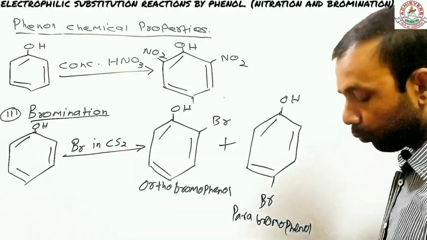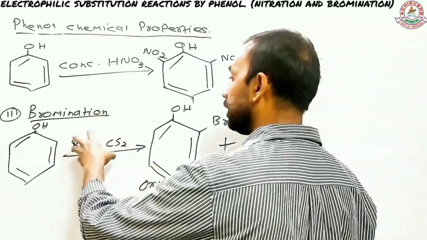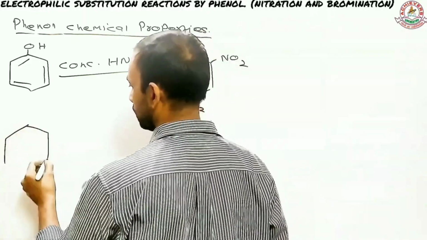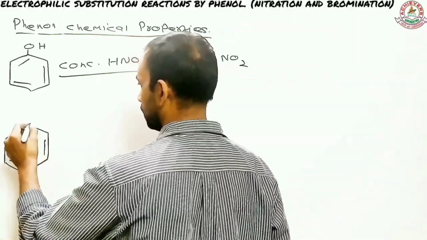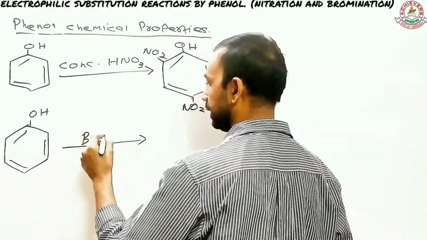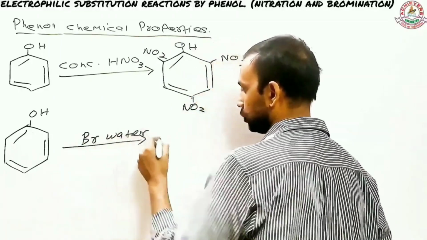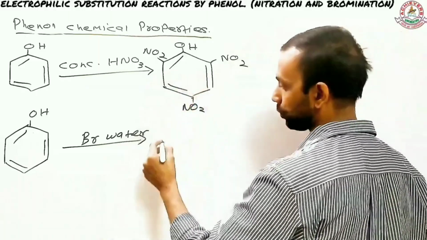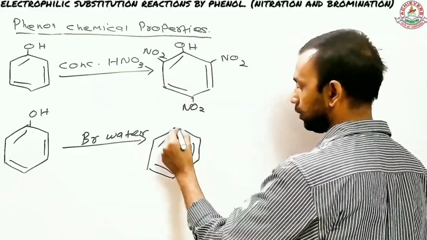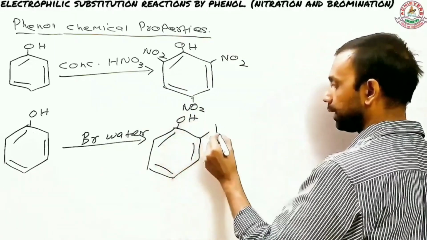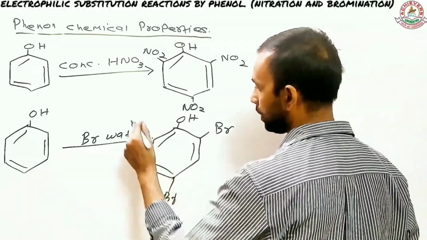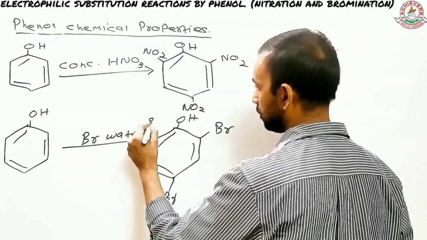Now the question is, what will happen if we use only bromine water? If you react phenol with concentrated bromine water, all three positions will be occupied by the bromine. So you get one bromine right here, another bromine right here, and the third one will be there, right?